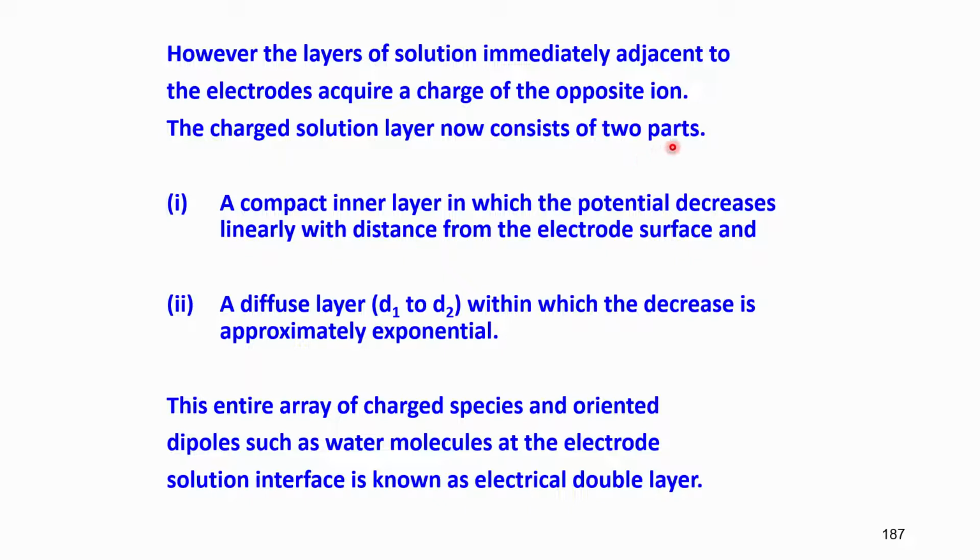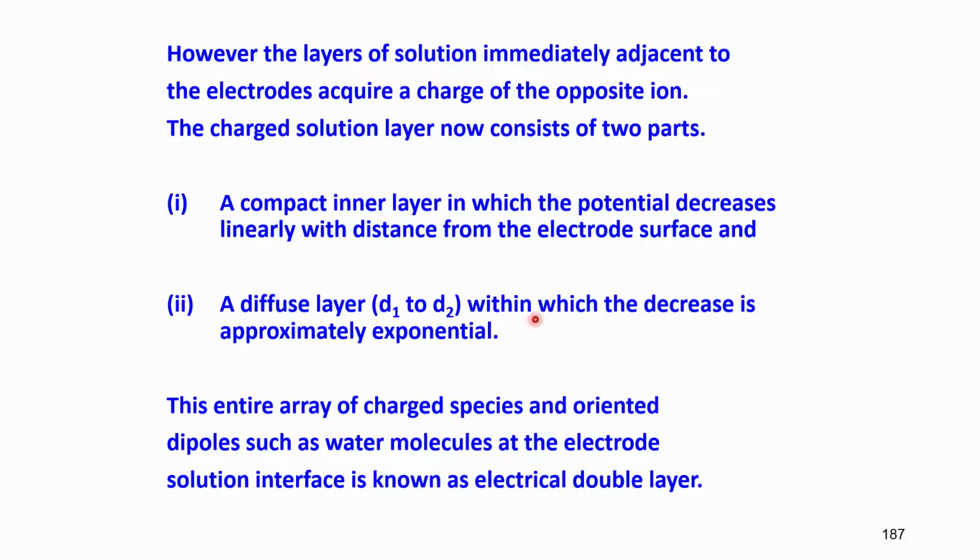The charged solution layer now consists of two parts. One is a compact inner layer in which potential decreases linearly from the electrode surface, and a diffuse layer D1 to D2, I will show you a figure here shortly, within which the decrease is approximately exponential.